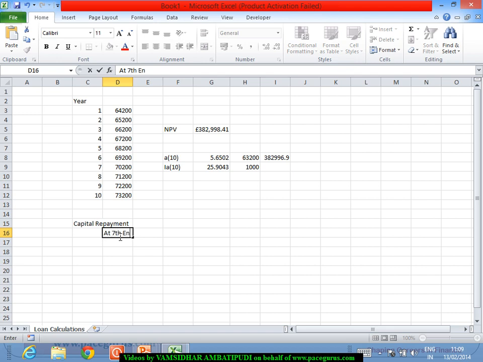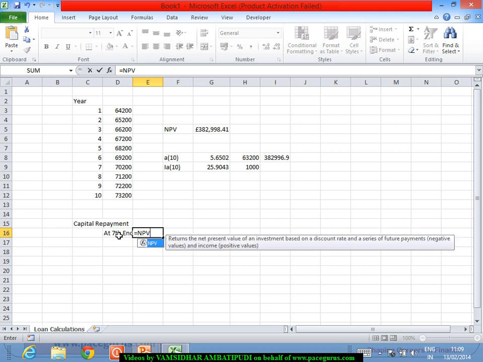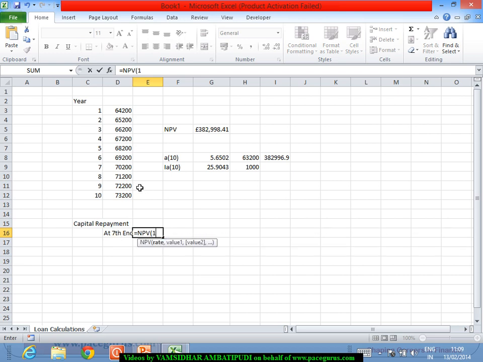At 7th end means I just need to pay 8, 9, 10. So I'll take NPV with the same 12%. I will find out the remaining payments at the end of 8th period. These are the payments that are left.